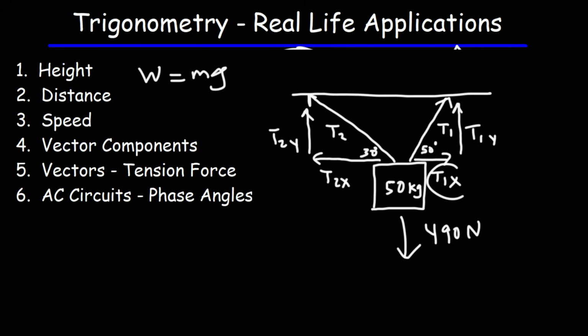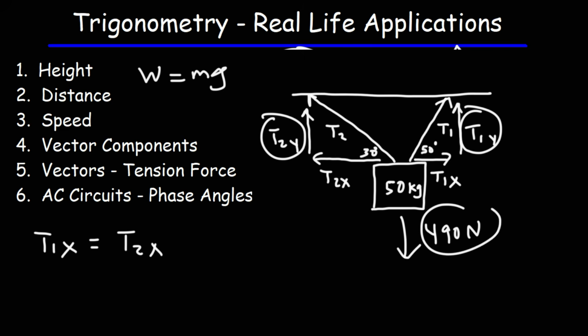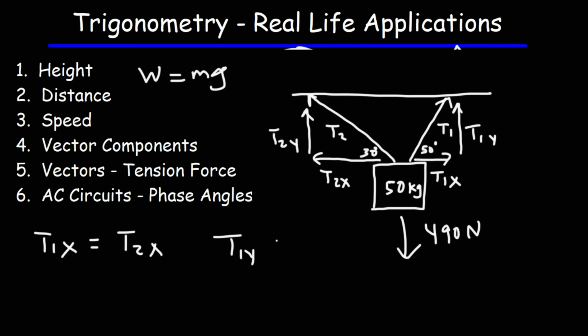In the x direction, these two forces cancel out. So we could say that T1x is equal to T2x. In the y direction, these two forces cancel out this one. T1y plus T2y is equal to 490.